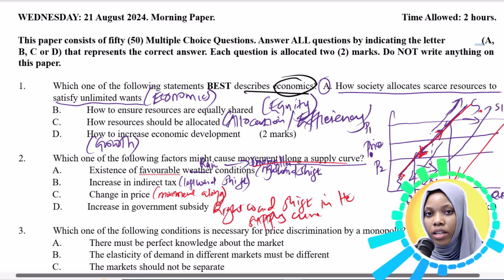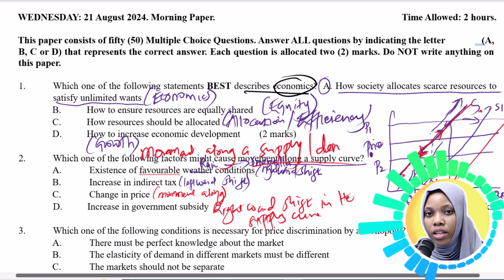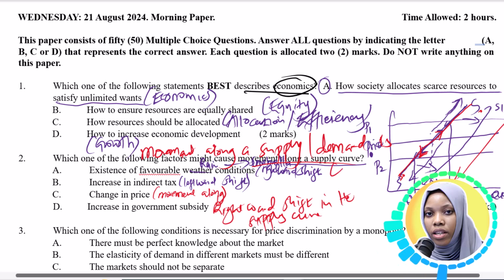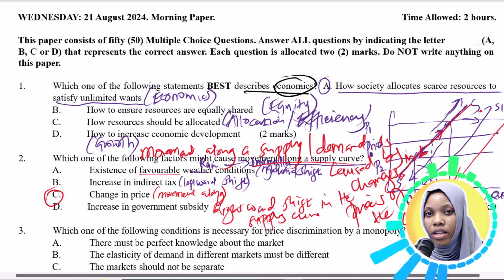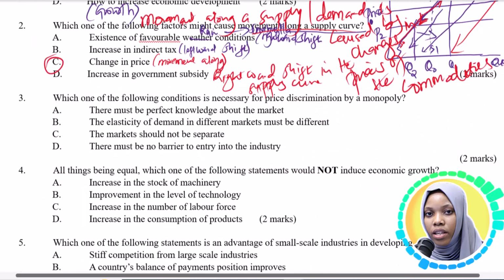So the movement along a supply or demand curve is caused by changes in prices of the commodities. Our choice here is choice C, change in price, which causes a movement along a supply curve.